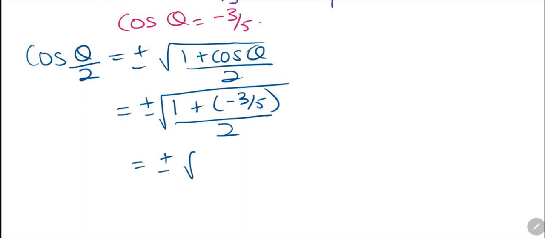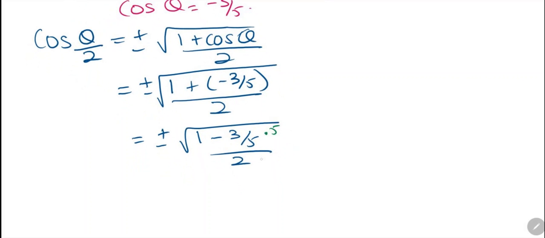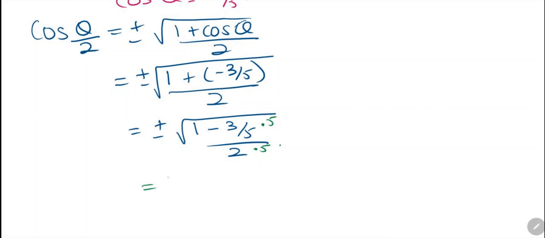And this is going to be 1 minus 3/5 divided by 2. So what I'm going to do, I'm going to multiply by 5 so we can eliminate the fractions. So if I do that, 5 times 1 is 5. And then the 5s will cancel out on this side, so we're just left with minus 3.